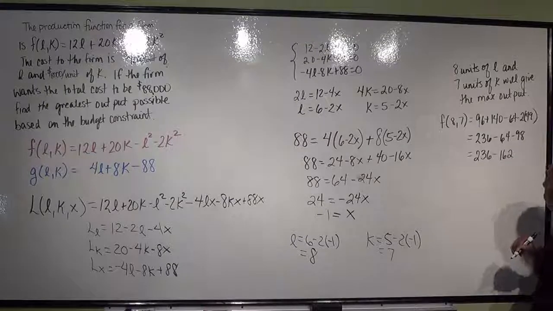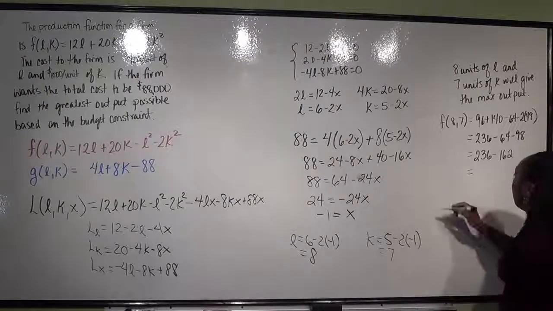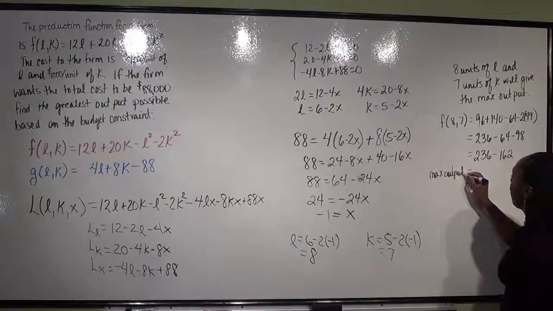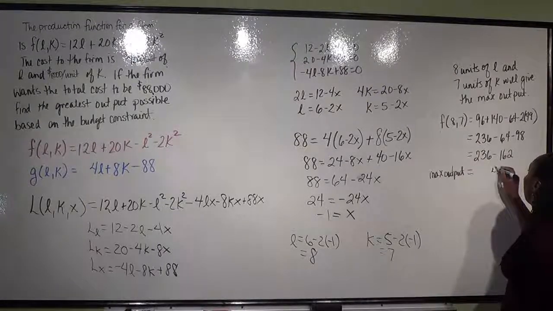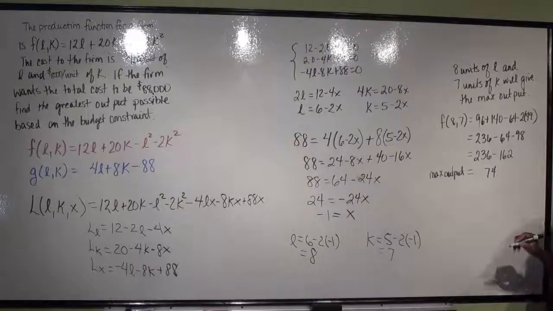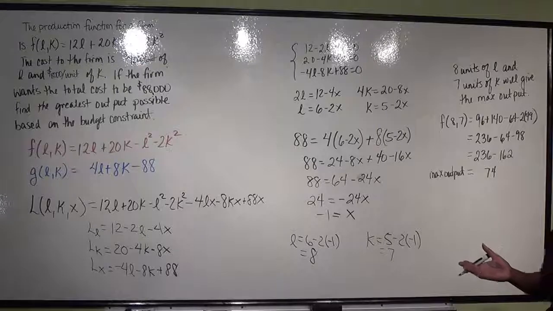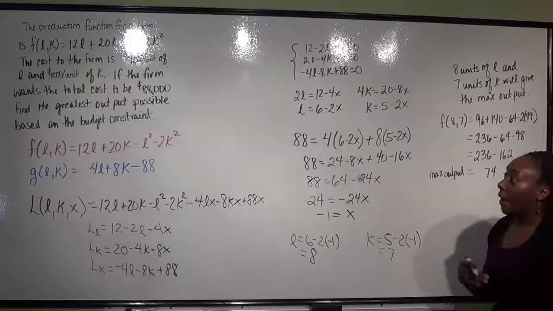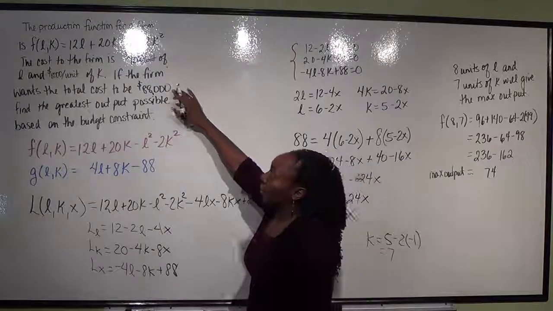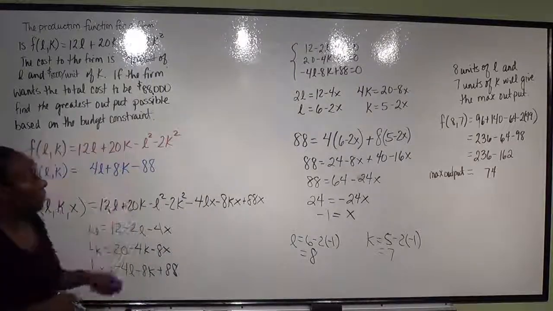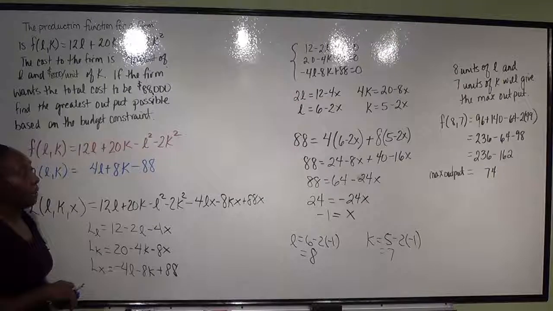So 236 minus 162, or our max output is going to be 74. And they don't really tell us what this is, but it's a production, so this is just our max output of 74. And that will keep us within our budget constraint of $88,000, using the numbers that we know for L and K. Okay.